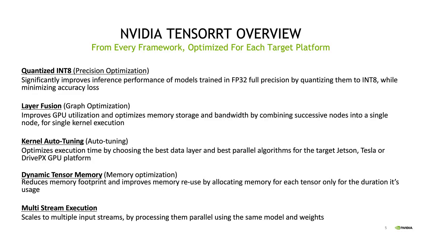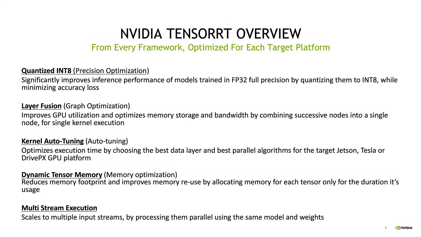So about TensorRT, here is a list of its key features, such as quantized int8. It significantly improves inference performance of models trained in FP32 precision by quantizing them to int8 while minimizing the accuracy loss.